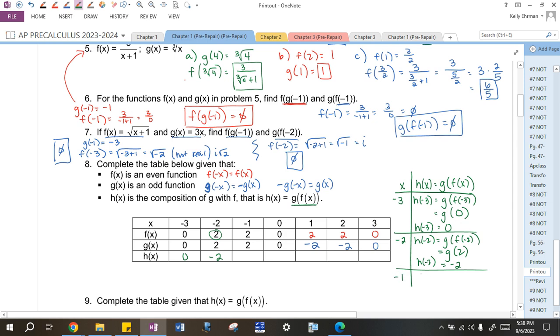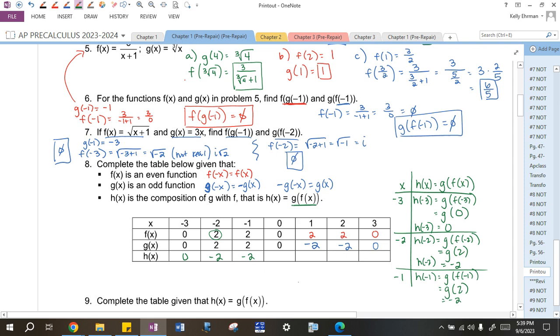If we plug in -1, h of -1 is g of f of -1. f of -1 is 2. So now it's g of 2. g of 2 is -2. So when we plug -1 into h, we should get -2.